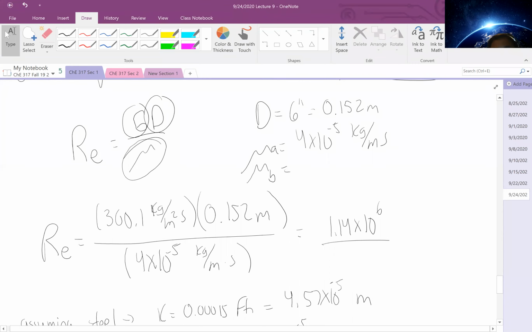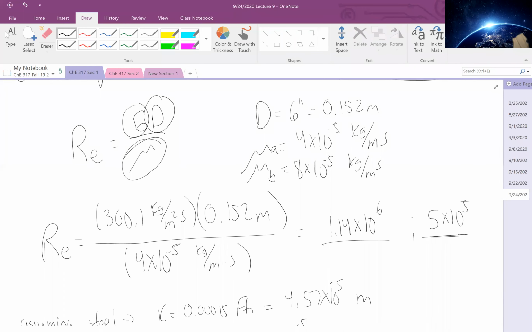So for argument's sake, let's say the viscosity changes and it goes up to 8 times 10 to the minus fifth. That means even though my Reynolds number 1 is 1.14 times 10 to the 6th, this one will be about 5 times 10 to the fifth, or about half the value, which means for solving for that friction, now the K over D is not going to change, but FB would be approximately about 0.004.